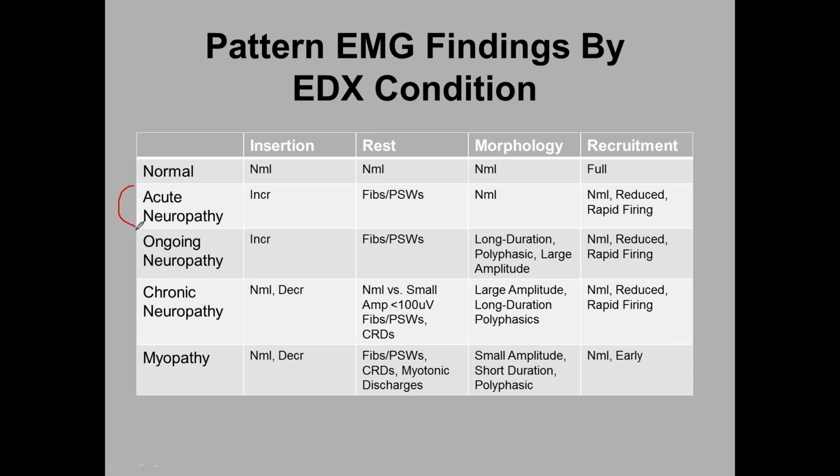Know that these two, 1, 2, and 3, active equals 1 and 2. Chronic is 3. And just look at the pattern.